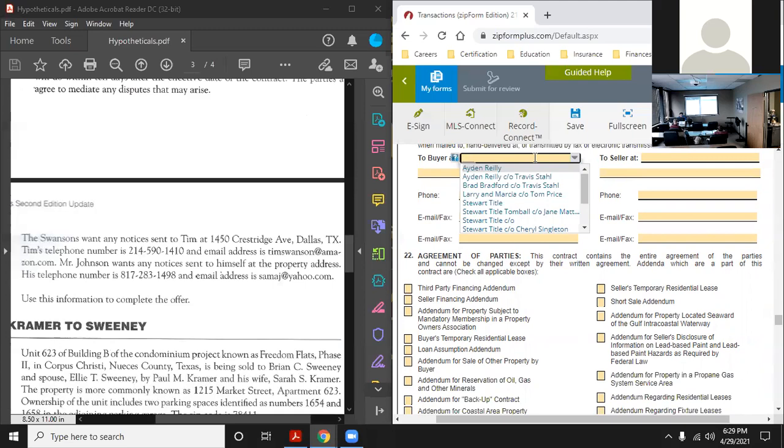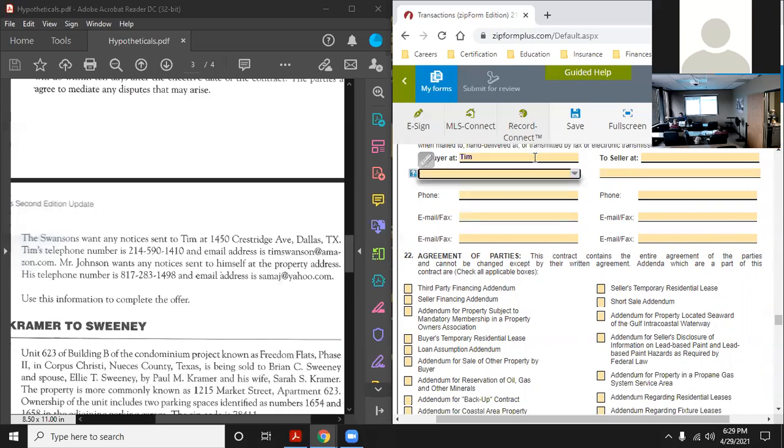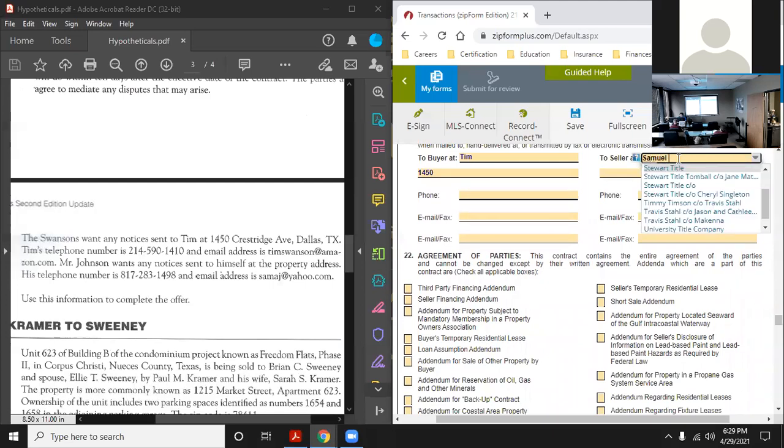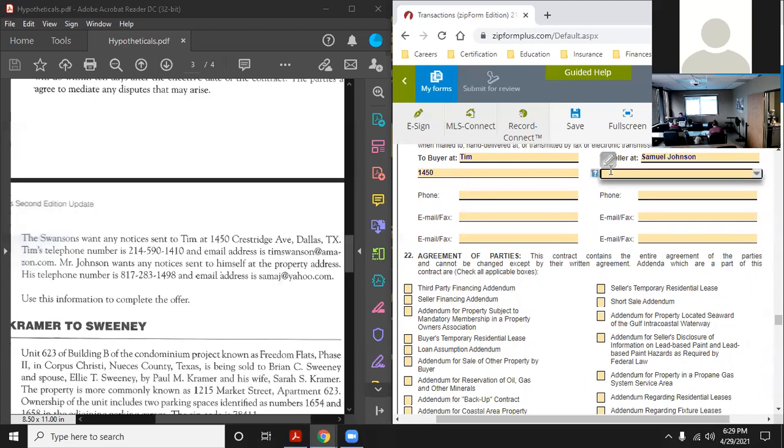Yeah, okay, the Swansons are. So they want stuff to go to Tim at his address, 1450. And the sellers want everything to go to Samuel at the property address, which is the 15630 address that we filled out again.